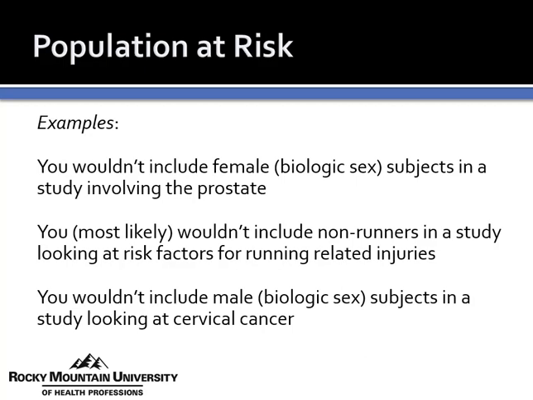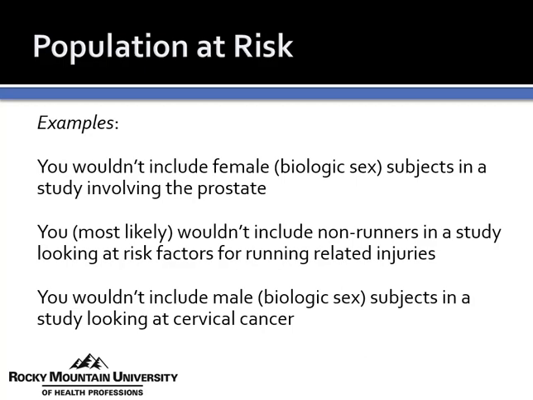Other examples, looking at your population at risk, these should all be kind of a no-brainer. You wouldn't include females of the biologic sex as subjects in a study involving the prostate. If we flip down to the bottom, you wouldn't include males in a study looking at cervical cancer.